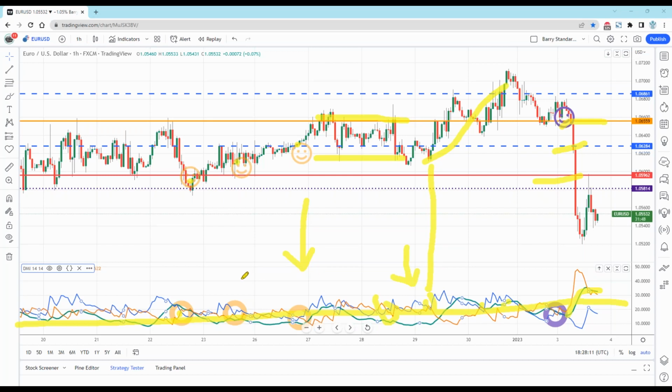ADX and DMI might be that interpreter. I'm really a MACD guy, but ADX and DMI are a nice combination if you want something clean, simple, and neat to just tell you if the trend is qualified, if the market has a good direction, and if it has the momentum to carry it.